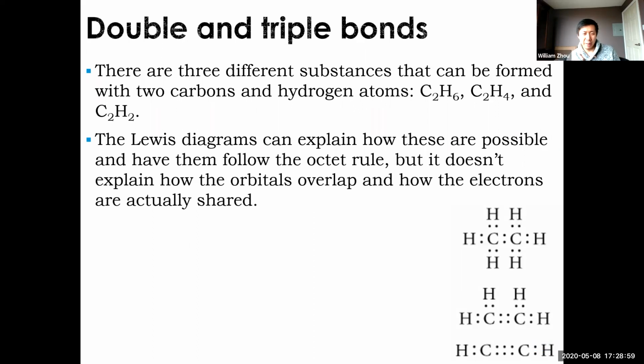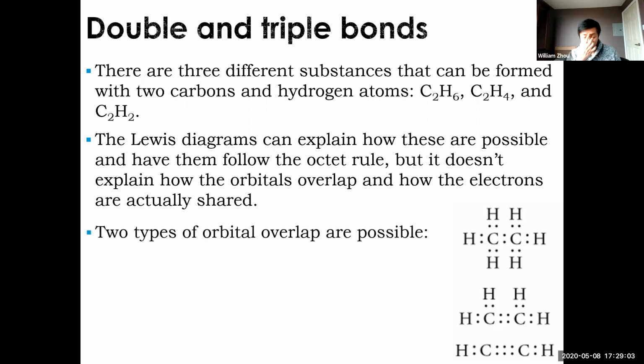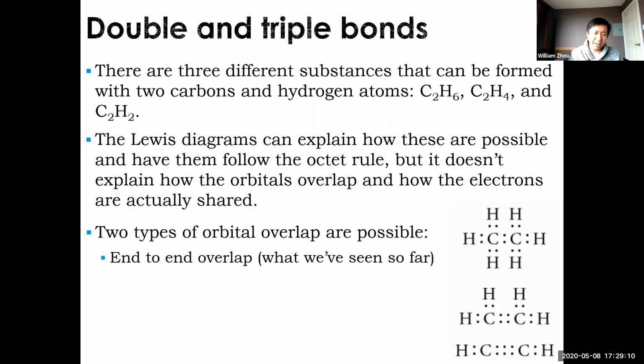How do we overlap the orbitals to get the triple bonds? Well, we have to invoke 2 different types of bonds. The first one is end-to-end overlap. You have 2 orbitals, they overlap end-to-end. That would be everything we've learned so far, and those are called sigma bonds.